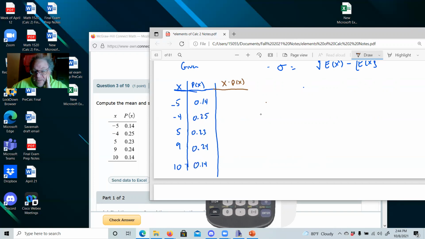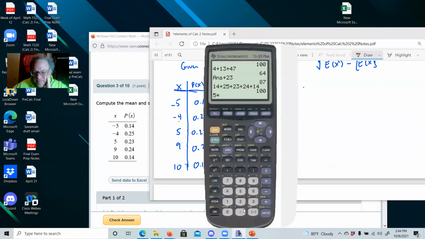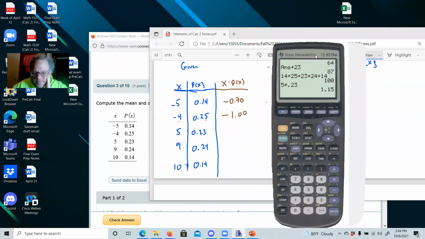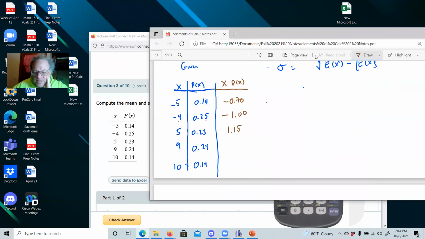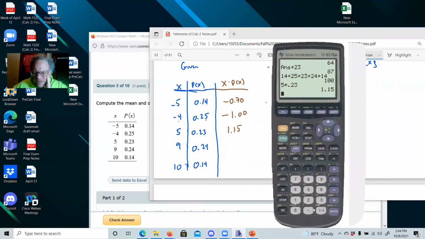So -5 times 0.14, that is negative 0.70. -4 times 0.25, four quarters, negative 1.00. 5 times 0.23, $1.15. 9 times 0.24 would be 2.16. I know 9 quarters is $2.25, but we don't have 24-cent pieces.